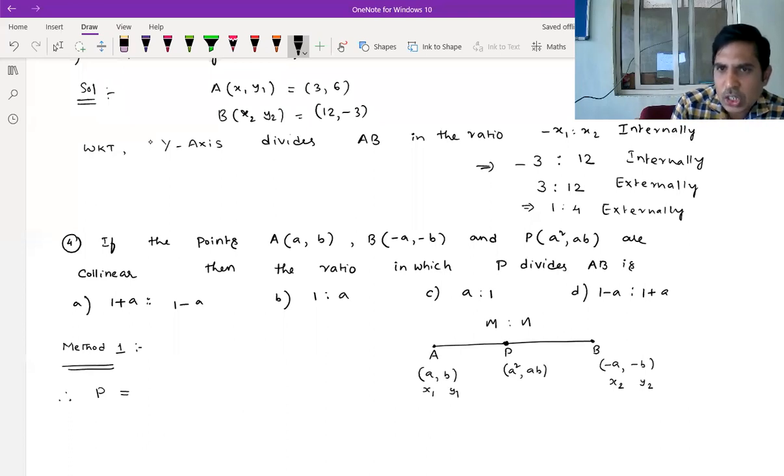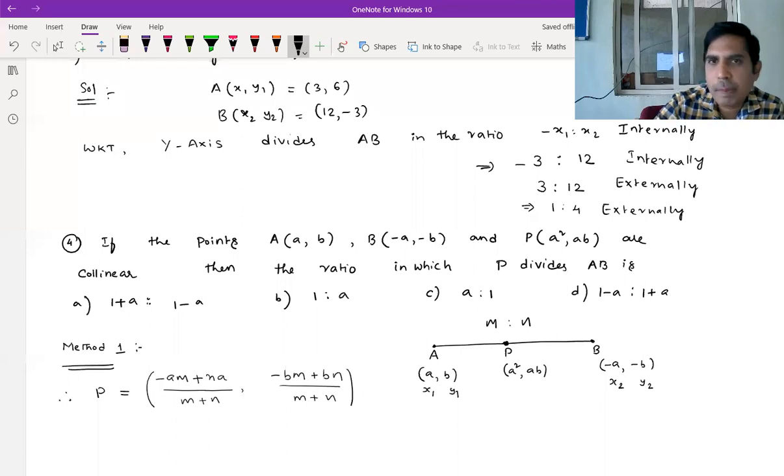Section formula for internal division: Mx2, nothing but M into minus A, plus Nx1, nothing but N into A, by M plus N, comma My2, nothing but minus BM, plus Ny1, nothing but BN, by M plus N.